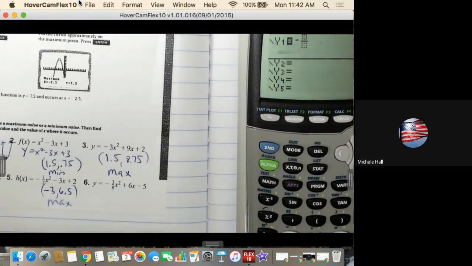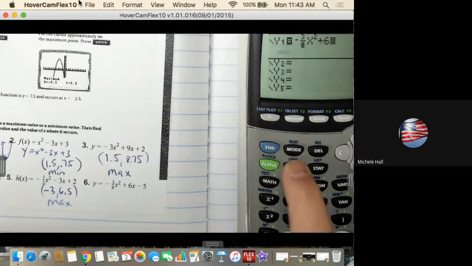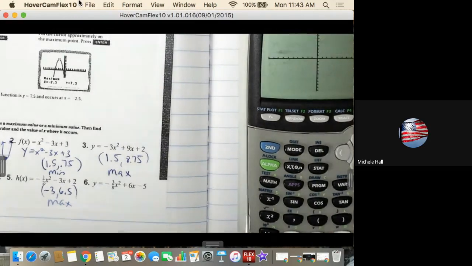Now I can punch in 3, arrow over to the 8, arrow out of it, and put my x squared. So those are the 2 different ways that you can enter fractions. I don't have to use parentheses when I use the F1 button, but if I use the divide button, I put it in parentheses. -3/8 x squared plus 6x minus 5 in graph.